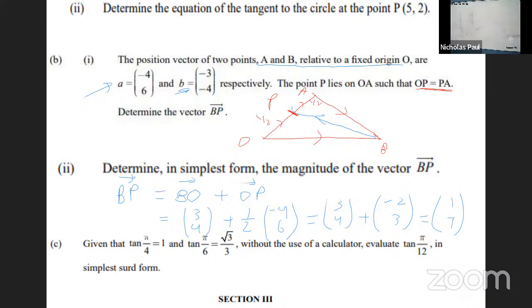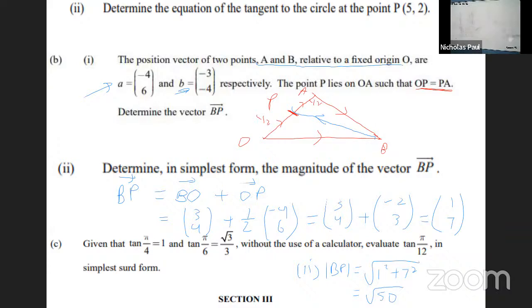How do you find the magnitude again? The square root of the x value squared plus the y value squared. So that's the square root of 49 plus 1, which is 50. Can you break it down a little bit? 50 is how much? 2 root 5?